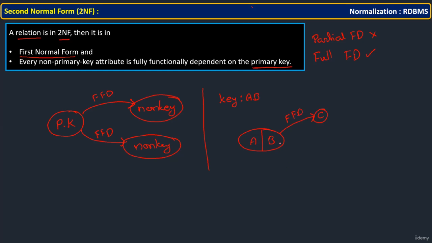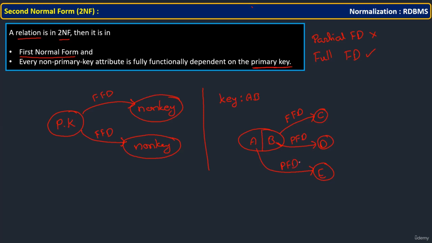But for some attributes, for example attribute D, we are deriving it by using B only. And some other attributes you are deriving by using A only. So this is partial functional dependency. That is what I want you to understand.